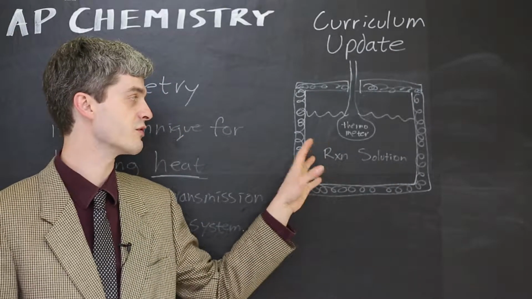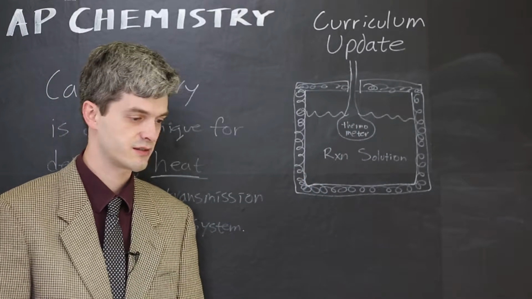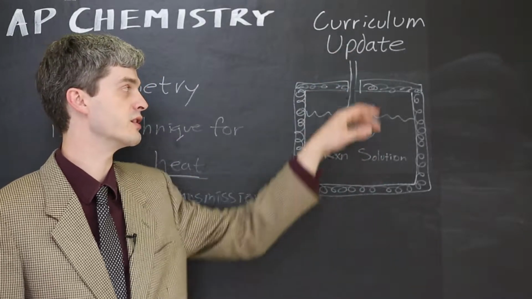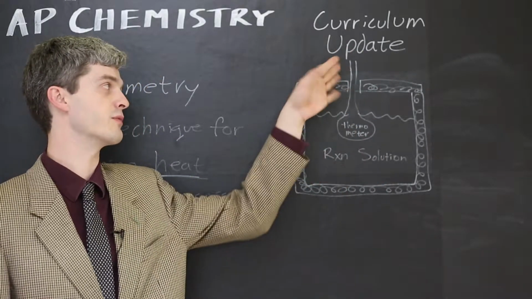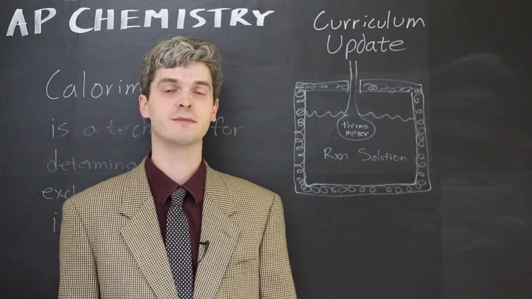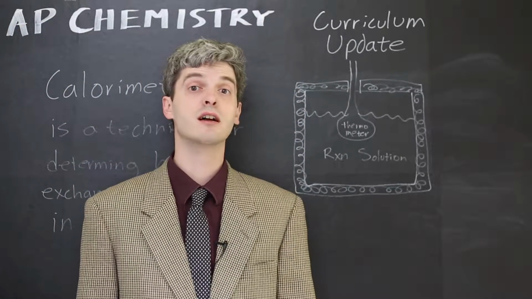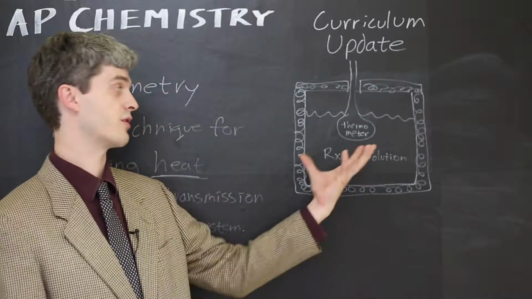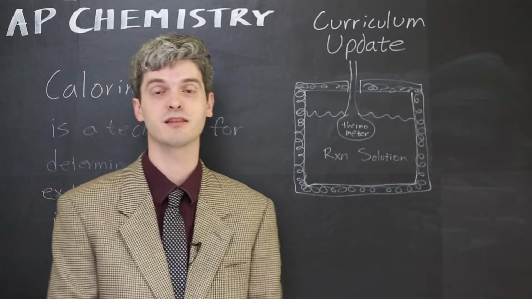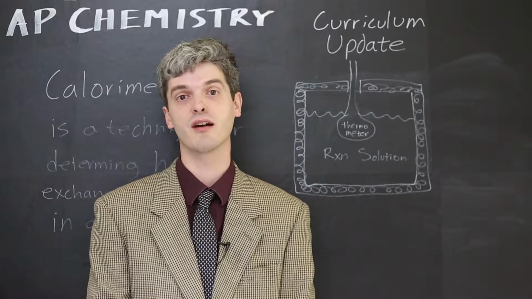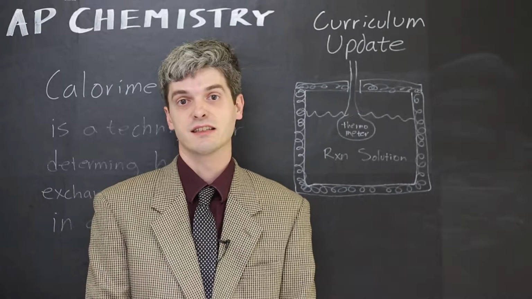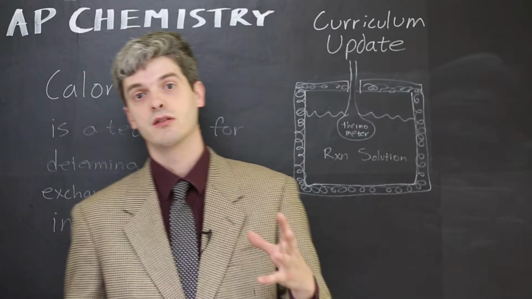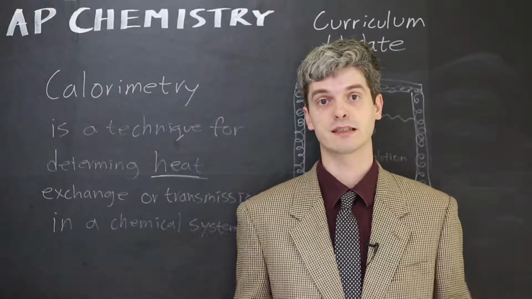In the solution, there is a chemical reaction transpiring, and we have a thermometer sticking down into this and sticking up out of it so that we can read it. We're able to see, as the reaction progresses, whether the temperature of the solution is increasing or decreasing, indicating a release or absorption of heat in this chemical system, okay? And that is then being driven by the chemical reaction that we're witnessing, okay?